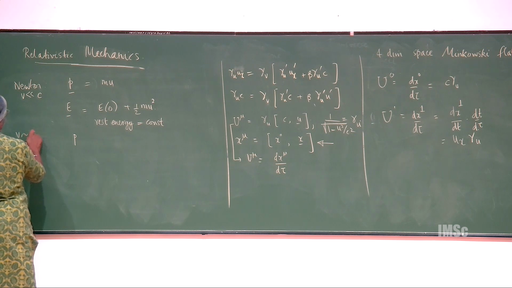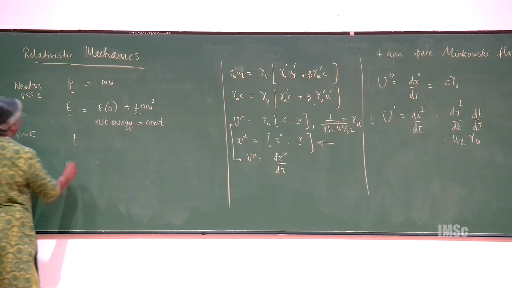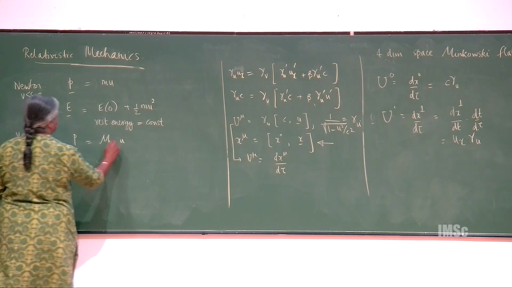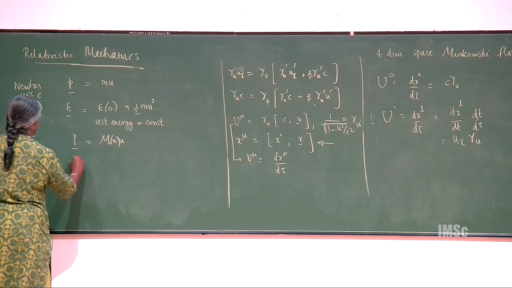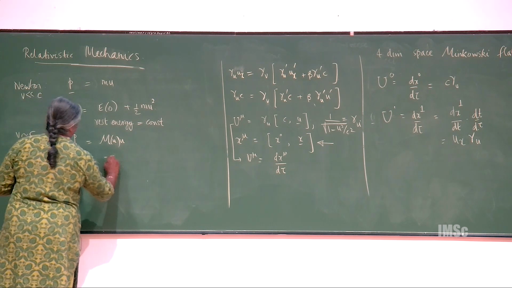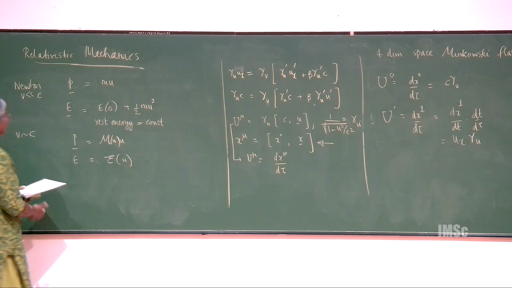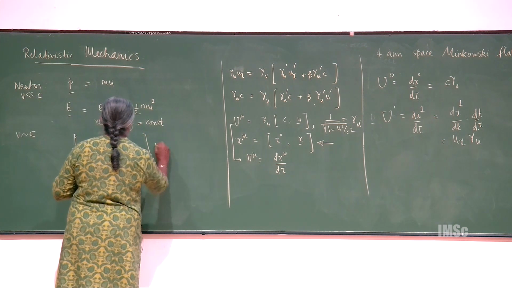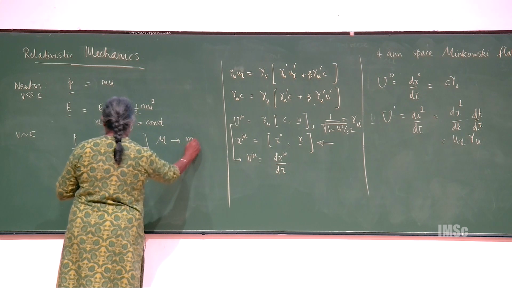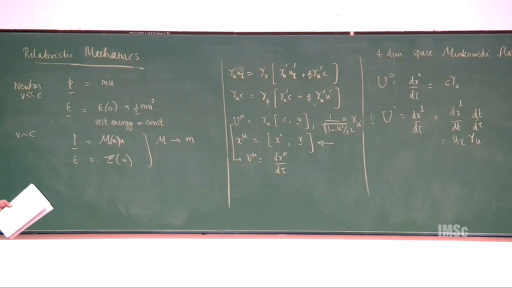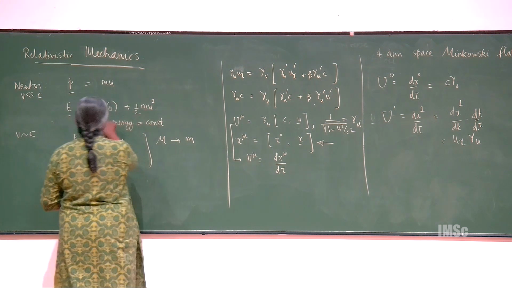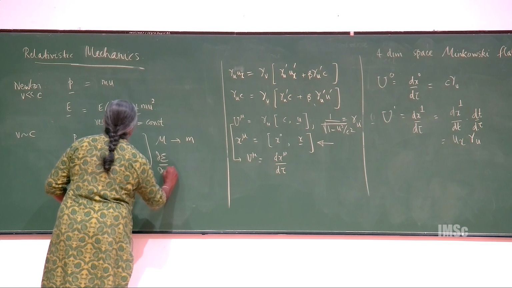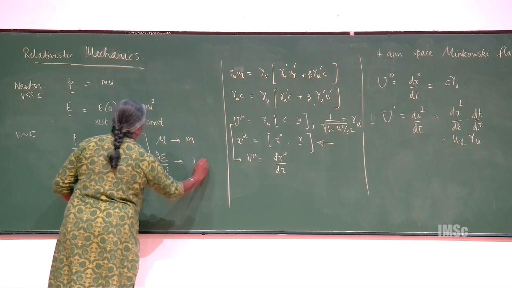When v is getting larger and larger, I want to write P as some M times u, where M is a function of course of the velocity, and let me write E as some script E times u, and in the non-relativistic limit M must reduce to small m, and since you don't know what is E naught, dE by du squared must go to half m.